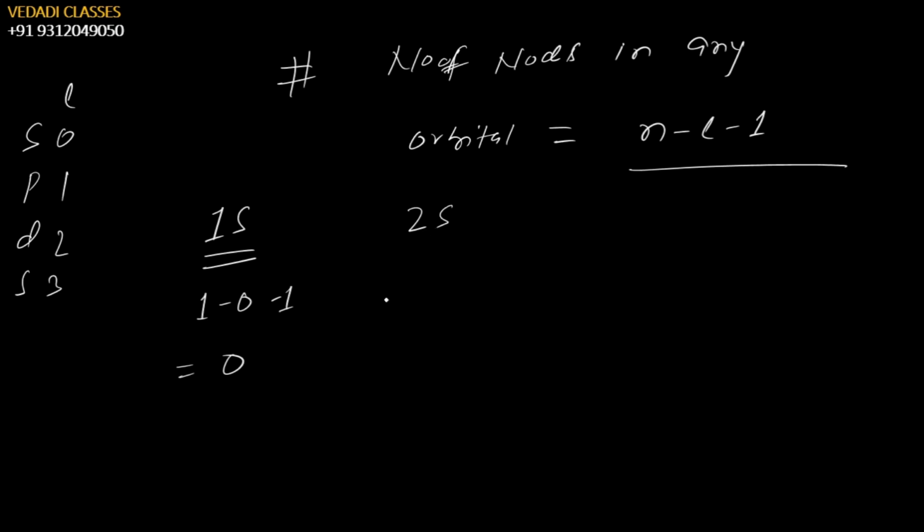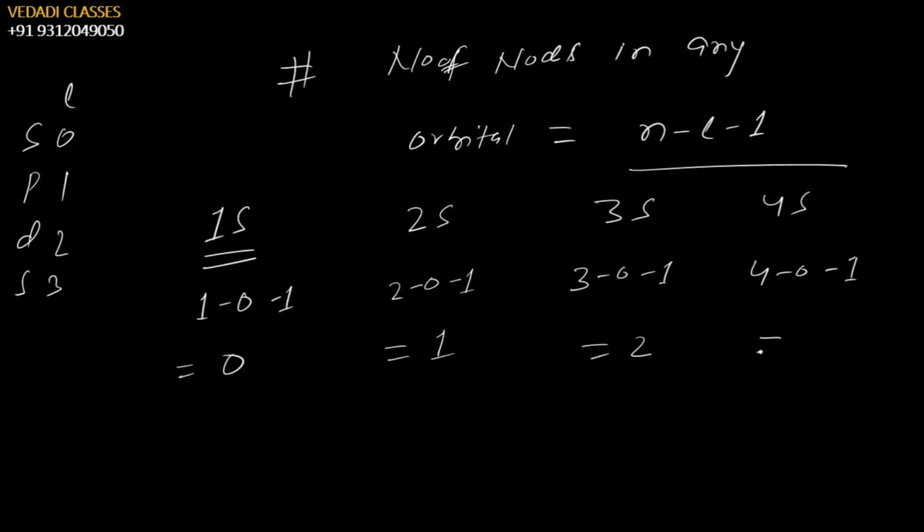For 2s, it is 2 minus 0 minus 1, that's 1. For 3s, it is 3 minus 0 minus 1, so the number of nodes is 2. And the number of nodes in 4s is 4 minus 0 minus 1, which is 3.